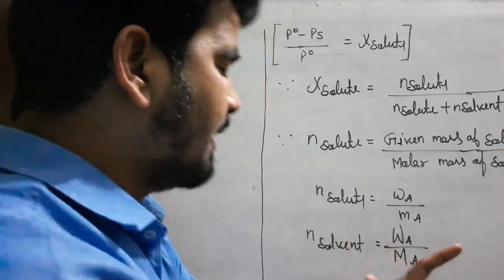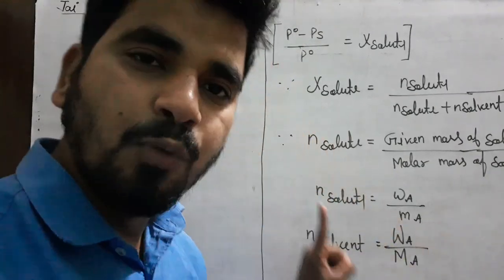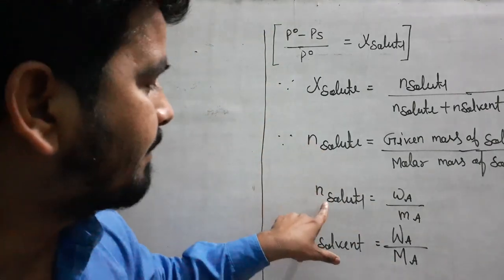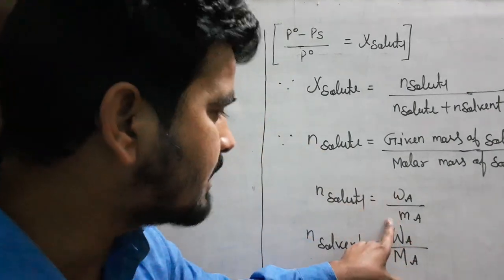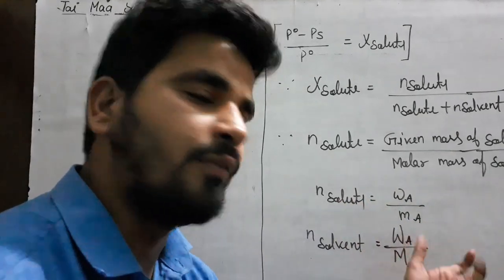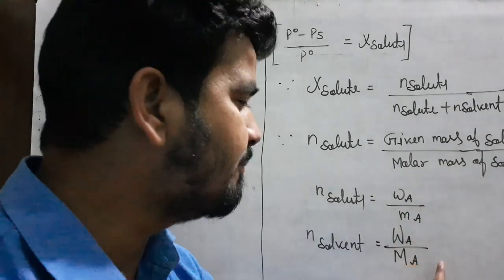Already in the molarity relation I have explained number of moles very well: number of moles is equal to given mass upon molar mass. Small letters are for solute and capital letters are for solvent.